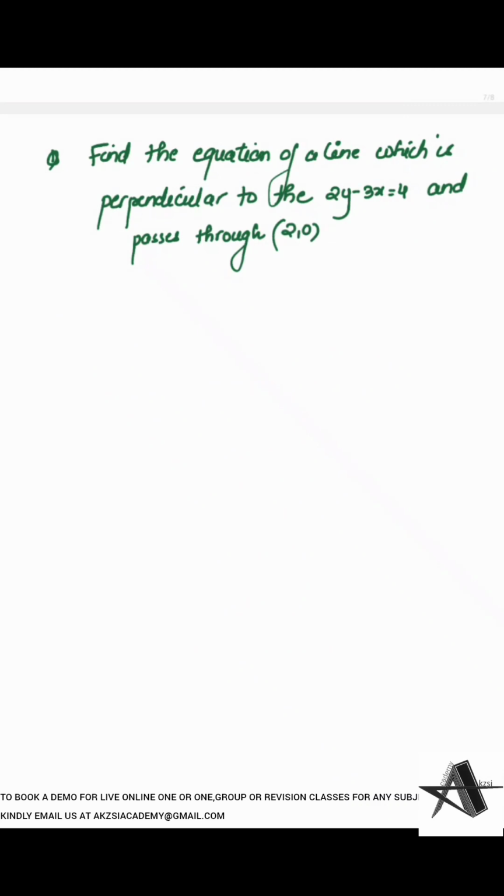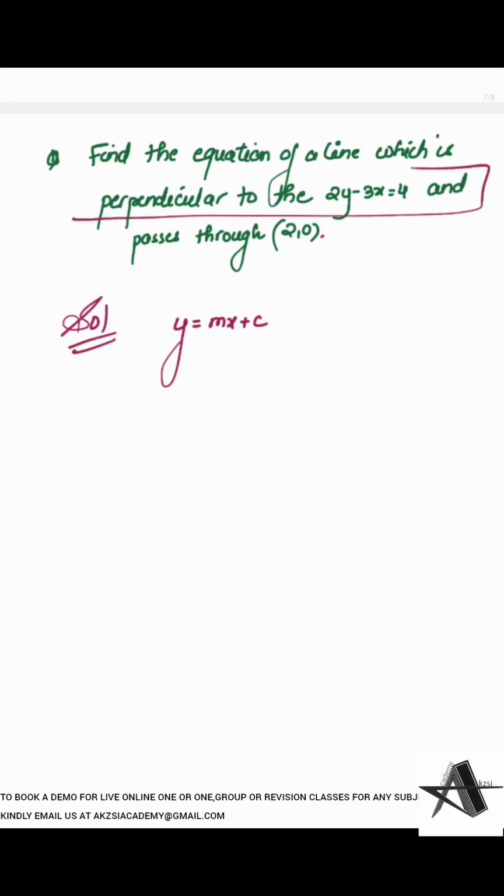See this question. It says find the equation of a line which is perpendicular to the line 2y minus 3x equals 4 and passes through the point (2, 0). Again, to find the equation of a line, I'll start with y equals mx plus c, and my main aim is to calculate the gradient and the y-intercept. To calculate the gradient, I can use the fact that the line is perpendicular to this one.